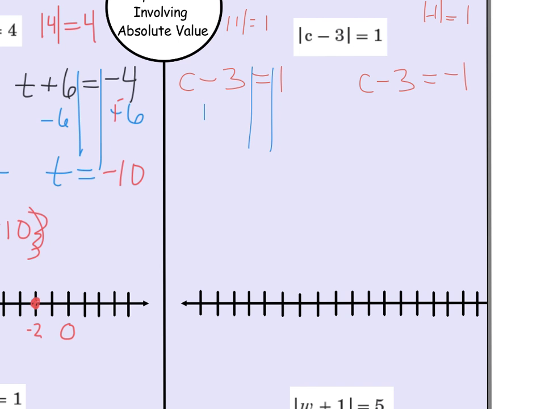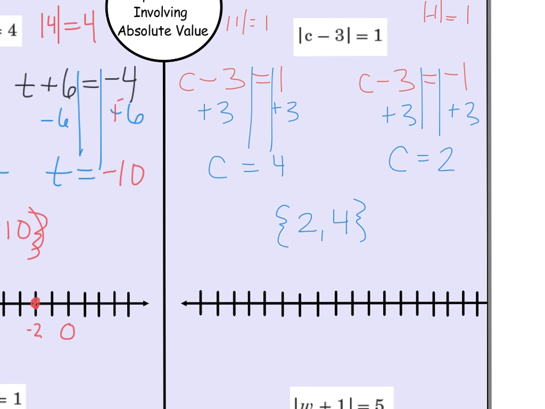Inverse operations, just add 3. c is equal to 4. Over here, add 3. Negative 1 plus 3 is 2. So my solution in brackets is 2, 4, least to greatest. And so I plug in a 2 and a 4, and those are the two possible solutions for that absolute value equation, excuse me.